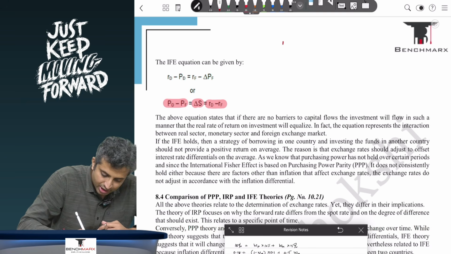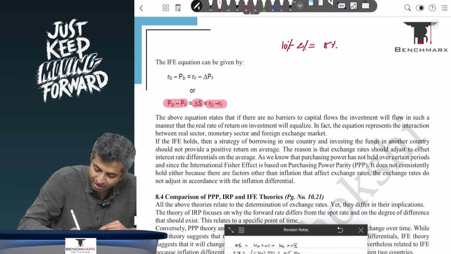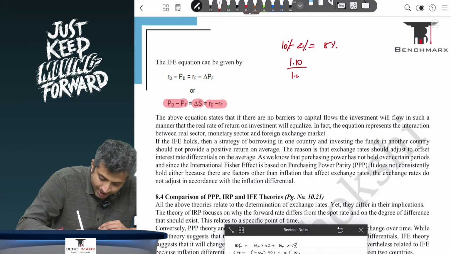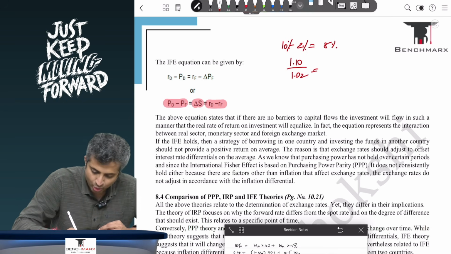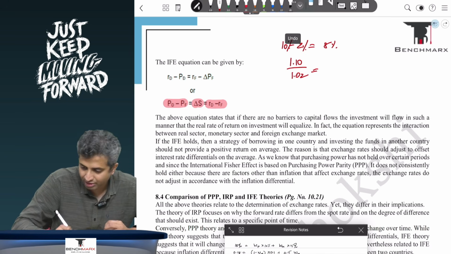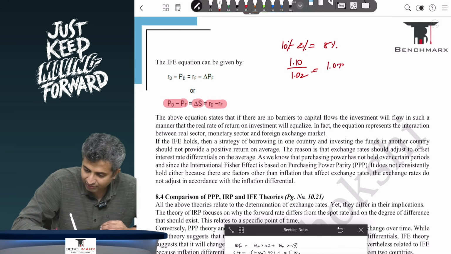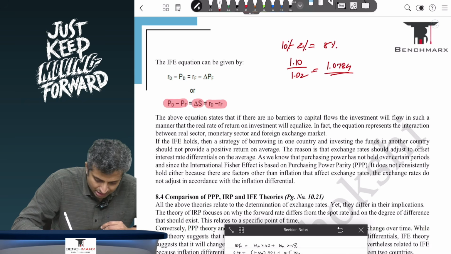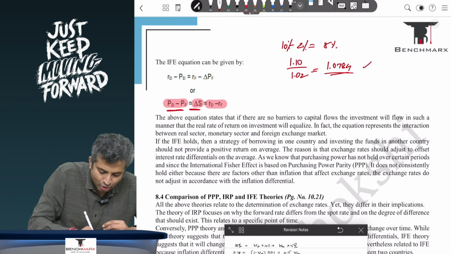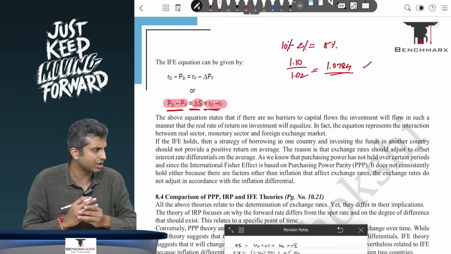The difference is 10% minus 2%, that is an 8% difference, but the differential is 1.1 upon 1.02, which is 1.0784, that is a 7.84% differential. Now, in my opinion, this is what is correct, but they have shown this based on a difference, and hence we have also formulated a numerical based on difference.